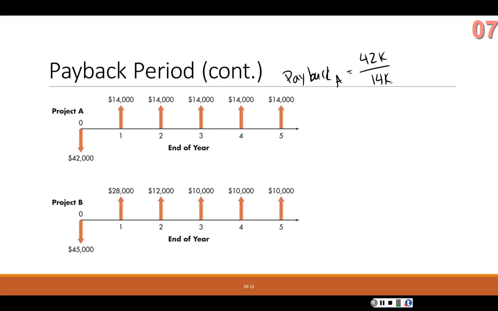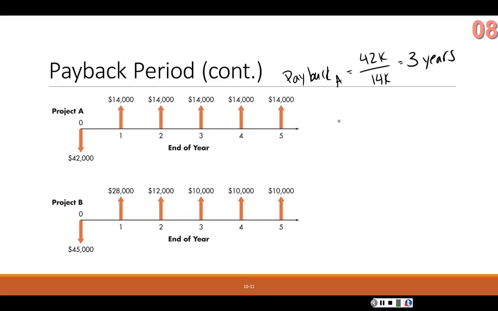We can calculate payback period in this manner because the cash flows received in each subsequent year are equal to one another. So $42,000 divided by $14,000 is 3 years. So it takes 3 years for the company to recoup its initial investment.